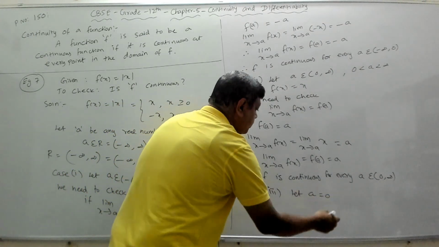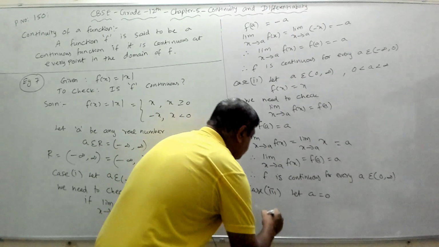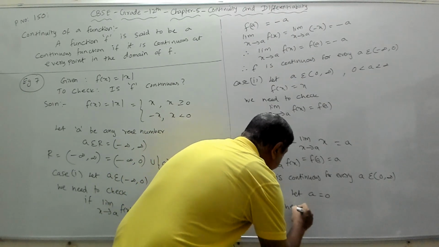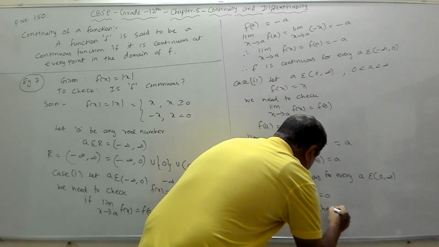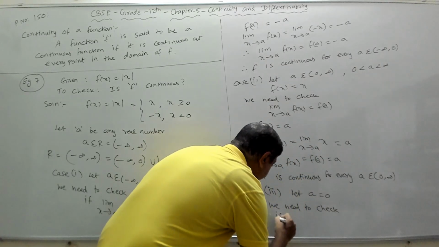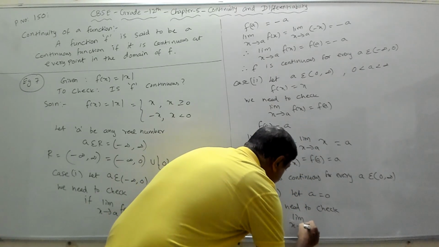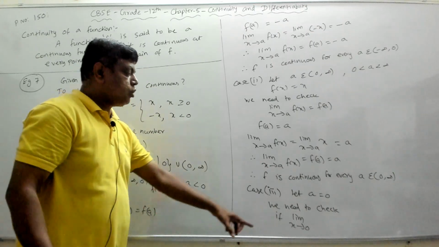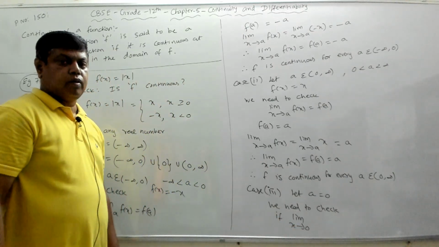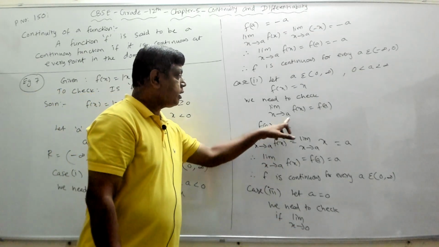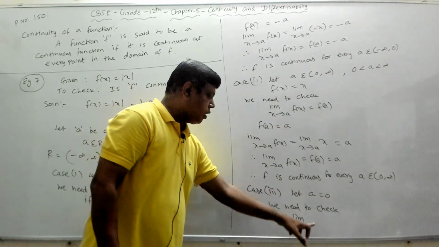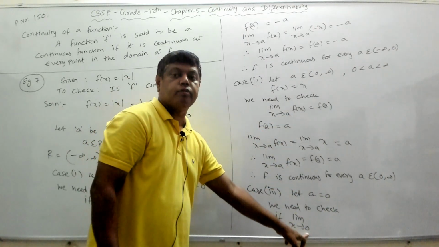At the point 0 we have to check whether f is continuous or not. So which means we need to check if limit x goes to 0, because we know a is 0 here. We generally put limit x goes to a, but here we know a is 0, so I can put 0 instead of a.